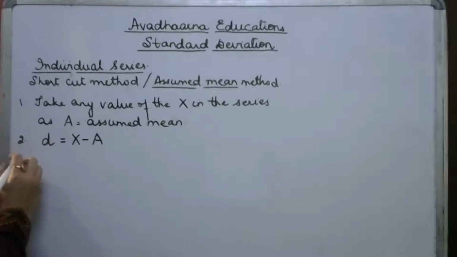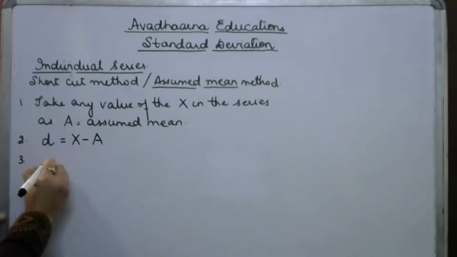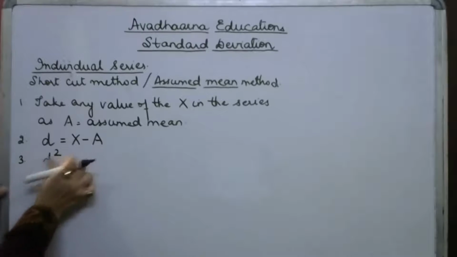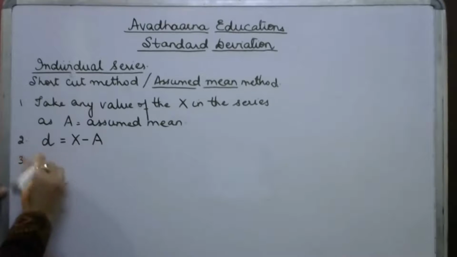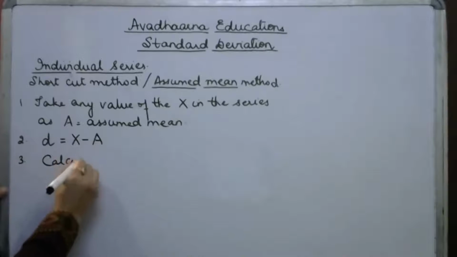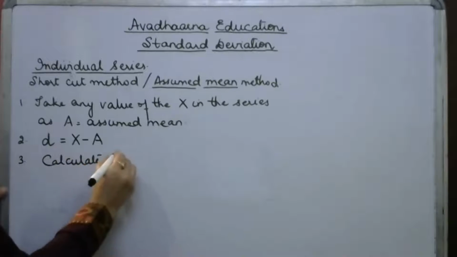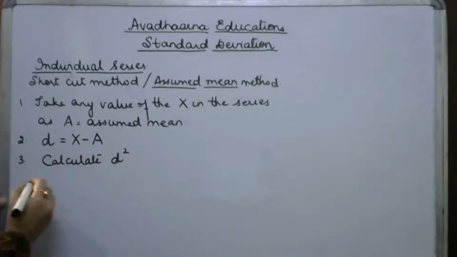Third step, we are going to take the square of these deviations. Fine. Write down, calculate the square of these deviations.